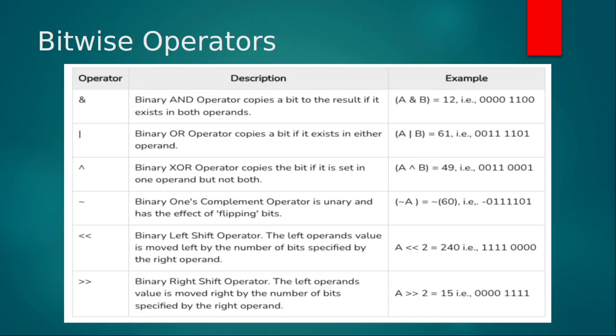When we discussed data types, we understood that a char, for example, is stored in 1 byte. An integer can be stored in 2 bytes or 4 bytes, depending on your architecture. And a long can be stored in 8 bytes or 4 bytes, depending on your system architecture.